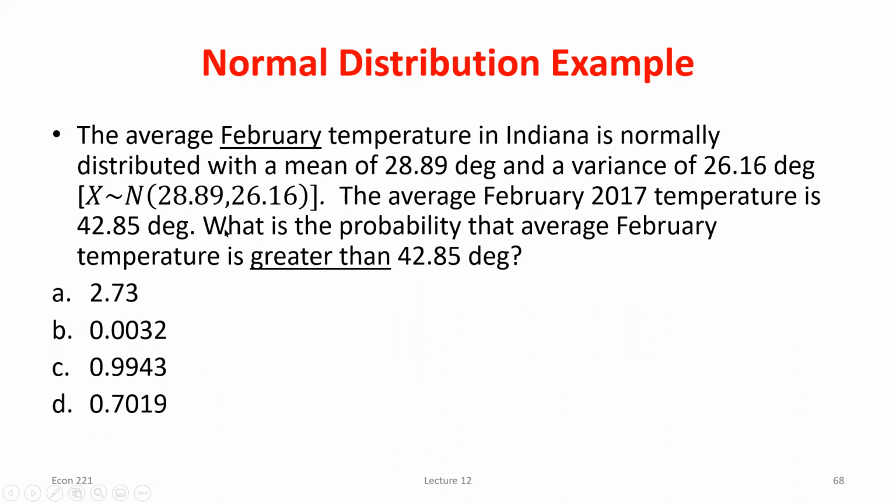I'm looking at something that's more than 10 away from the mean. 43 degrees is more than 10. So I'm thinking about something that's at least 2 standard deviations, or around 2 standard deviations at the very least. That's just some rough math, rough rounding. Now, what I want is the probability that the temperature, I guess this February is already over, but the next February beats 2017. What's the probability it's 43 degrees or greater?